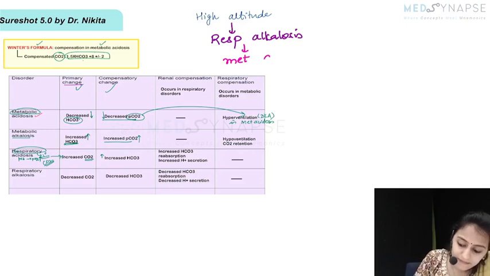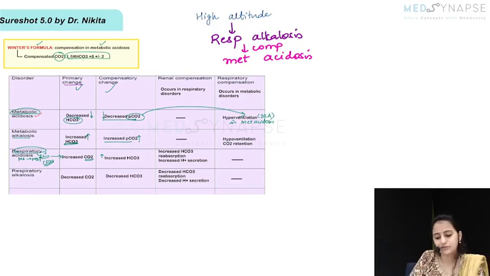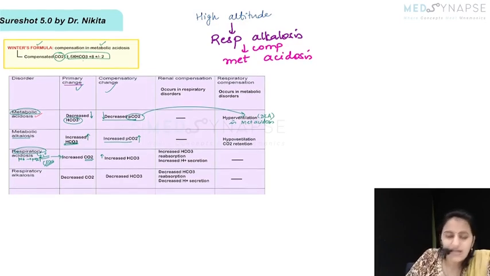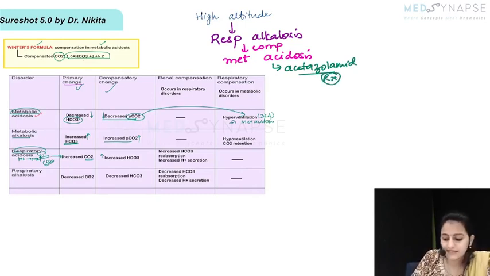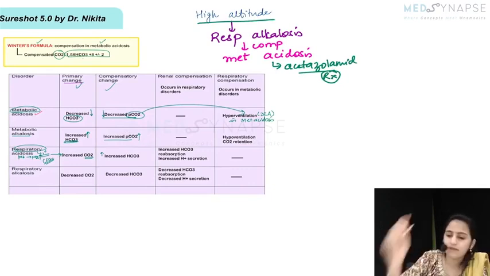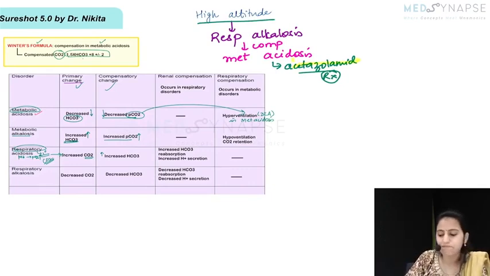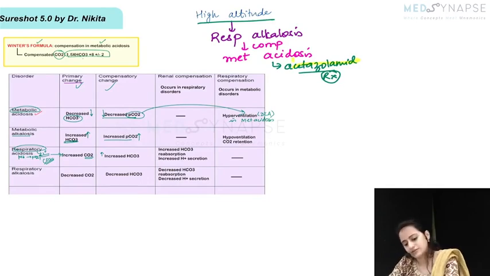Metabolic acidosis. Right? This is compensated by metabolic acidosis. Opposite. So which is the drug which causes metabolic acidosis? कौन सा diuretic? Acetazolamide. So that's the reason you can see that we give acetazolamide as a treatment in mountain sickness, right? Because it's compensating for that respiratory alkalosis.